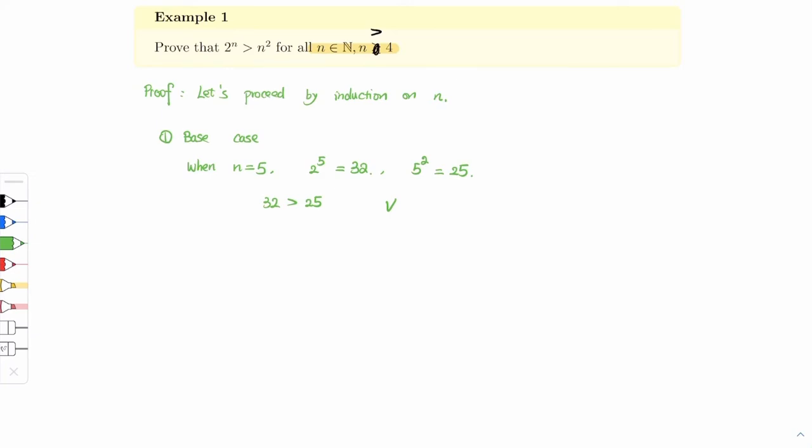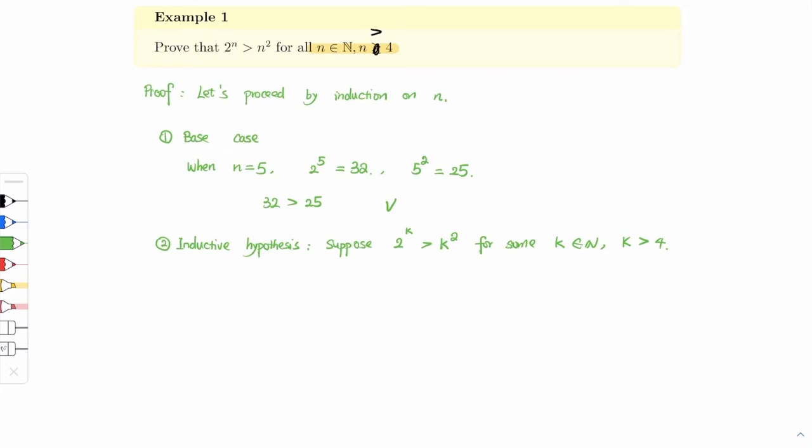Inductive hypothesis. Suppose that 2 to the k is greater than k squared for some k in natural numbers where k is greater than 4.